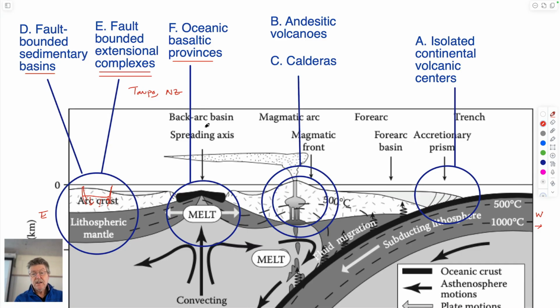We looked at land-bound geothermal sites. So this would be Yellowstone, not a geothermal site, but andesitic volcanoes would be Newberry volcano, which was a demonstration site in Oregon, and Cascade volcanoes.